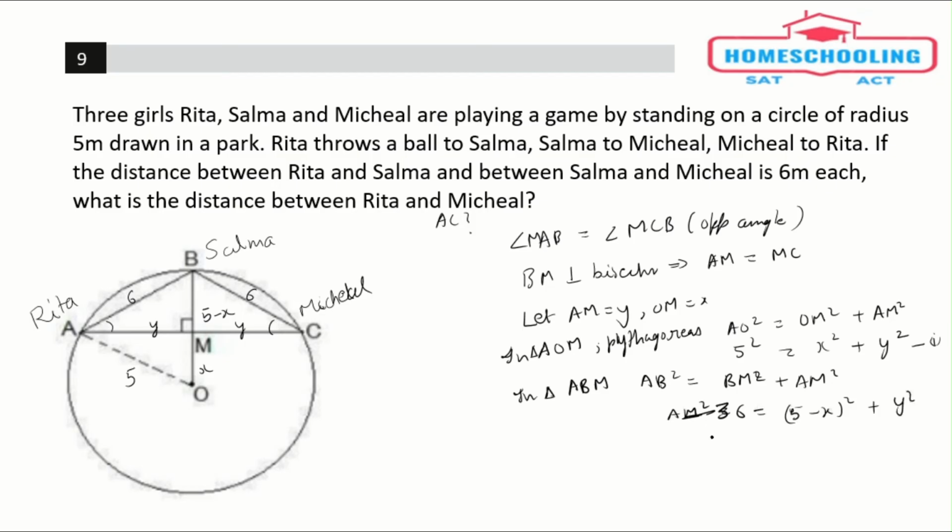If we simplify it, 36 is equal to 25 minus 10x plus x square plus y square. So this is your equation number 2.